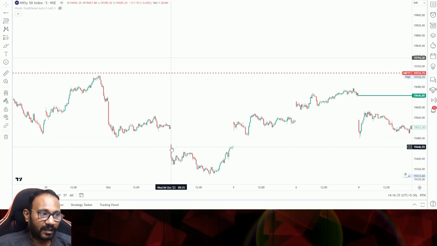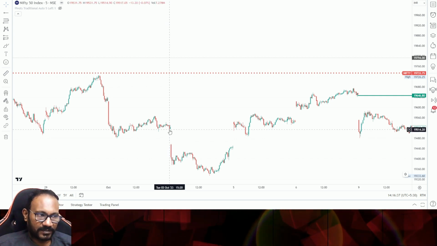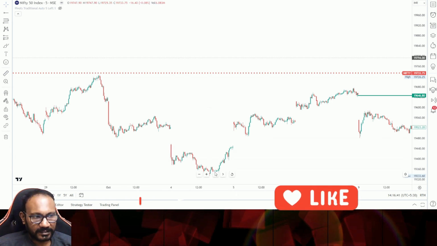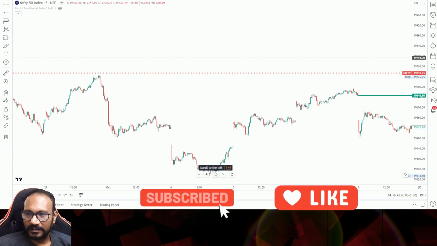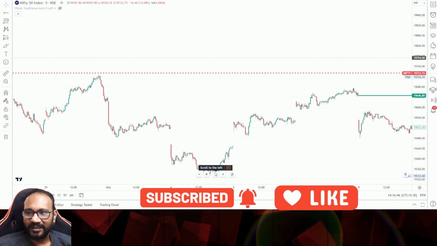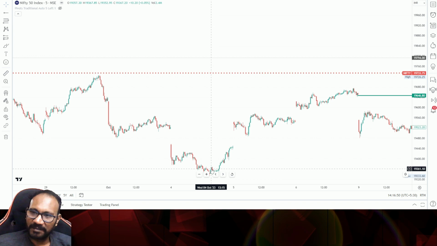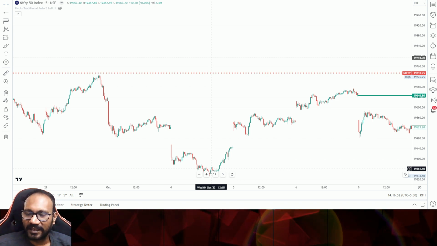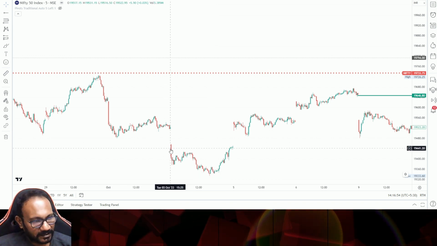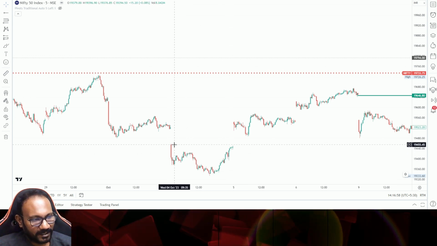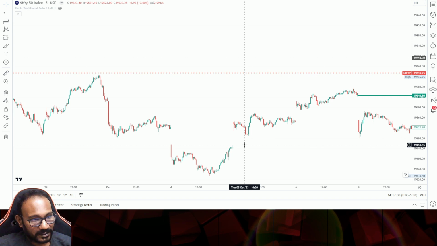Why? When you observe this, whenever there is a gap, either it continued in the same direction, or it remained skewed towards the same direction but in a sideways market sort of thing. For example, this is a gap down. Almost through the day it is more like a sideways market, but there is a huge gap that was never filled, right?